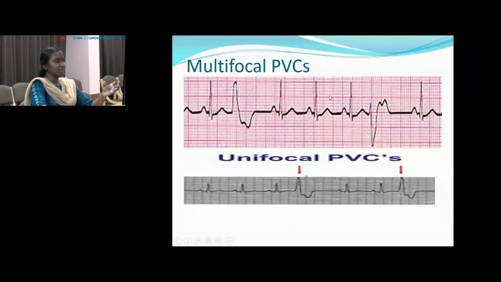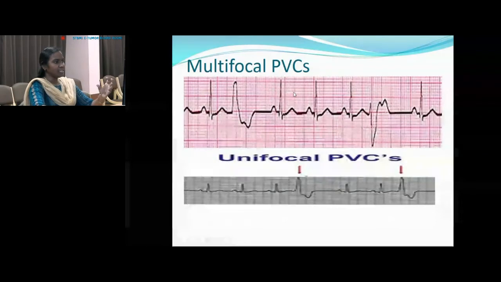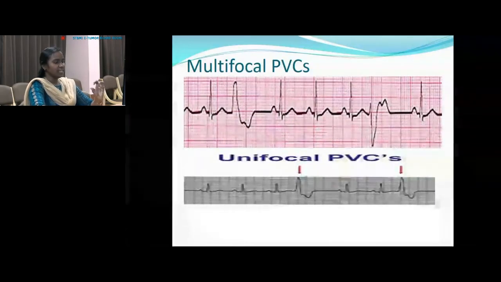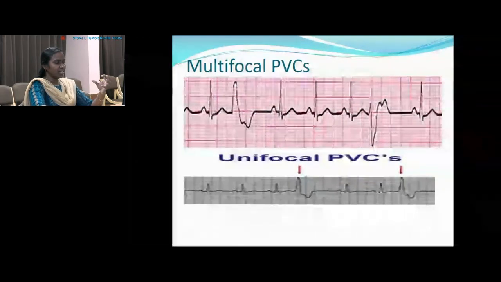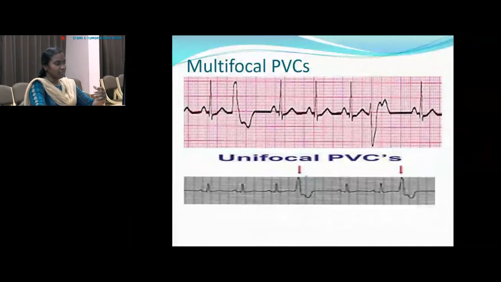Why is this multifocal PVC showing different or distorted shapes? Because this premature ventricular contraction originates from different ectopic foci. And in unifocal PVCs, there is a single ectopic focus. From the single ectopic focus, the origination will develop. So the PVCs are uniform in shape and pattern in unifocal PVC.